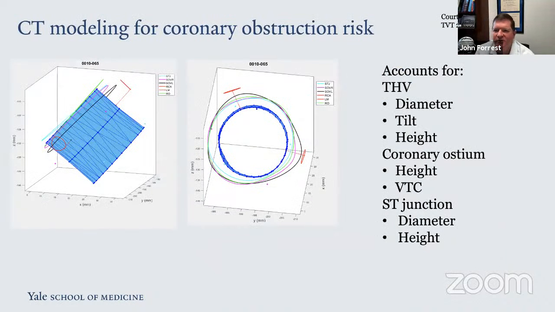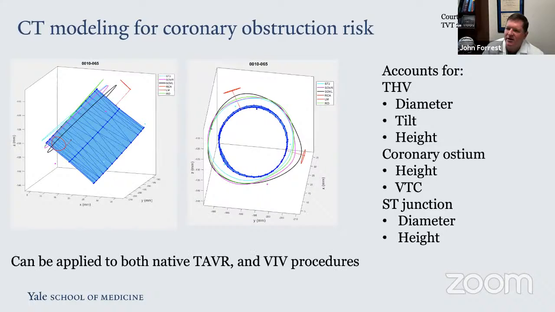Let me add, there have been a lot of papers that have come out recently about CT modeling for coronary obstruction risk, both for native and for valve-in-valve procedures. We haven't started to do that yet, but I know a number of groups, both at Washington Hospital Center, some out in Seattle, Webb's group up in Canada, have come up with some different ideas about how to do this. I think it is something that we're going to be looking at more and more in the future.